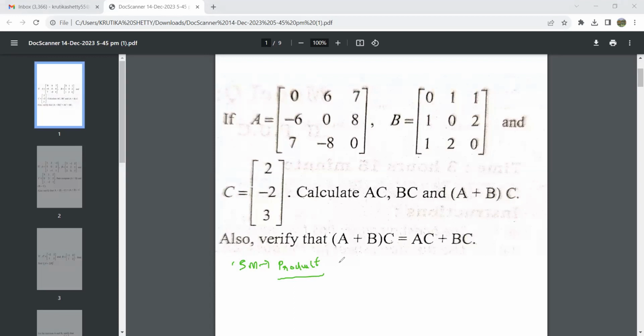I will be solving two examples which have frequently occurred based on product. Before understanding the example, you need to know the basics of how to multiply matrices. Sure, the 5-mark question will be asked based on the product of matrices.